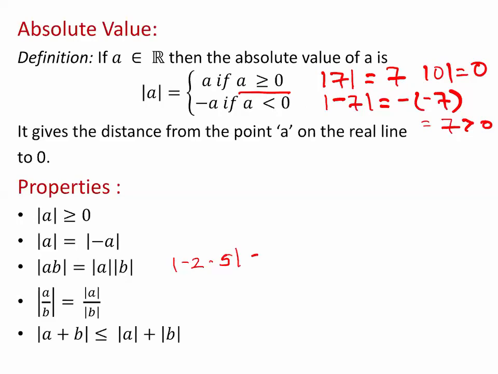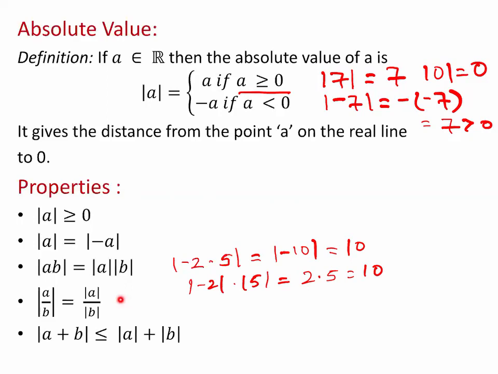If you multiply them first, it would be minus 10. Taking the absolute value, it is 10. But if you individually take the absolute values, it would be the absolute value of minus 2 times the absolute value of 5, which is 2 times 5, and that is 10 again.